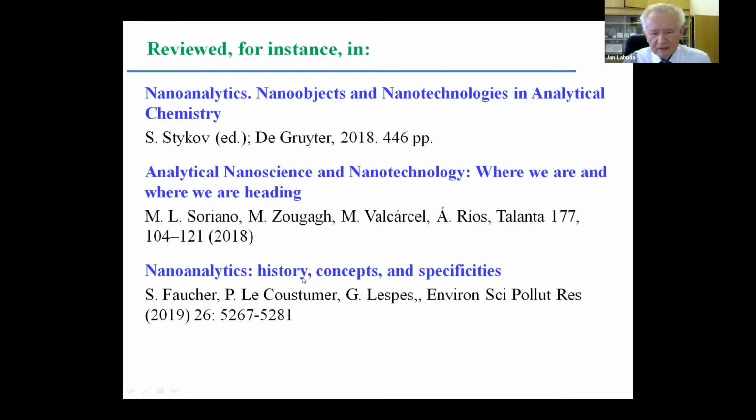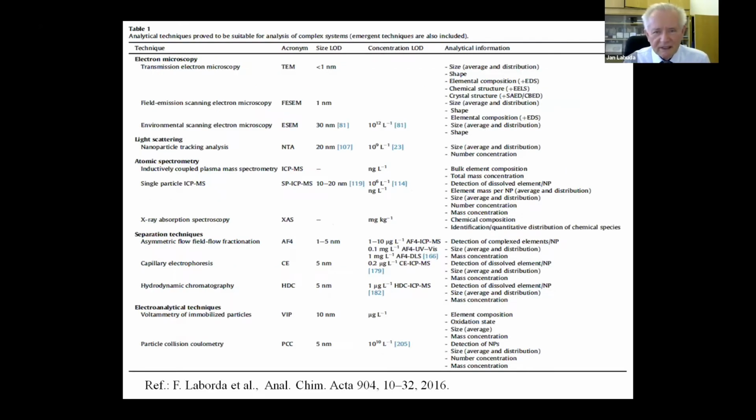And the development on this topic continues, comparing the present and future concepts with the history of chemical characterization and particularly characterization of nanomaterials. One of these reviews is named size and concentration ranges reachable by individual techniques.